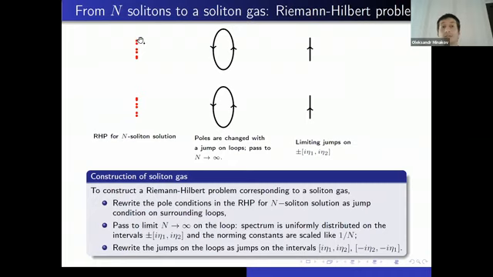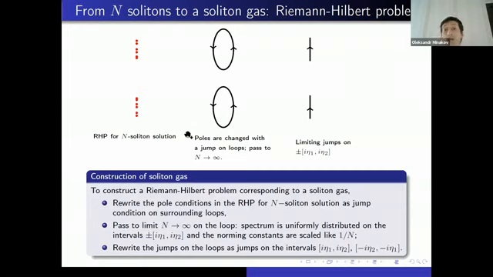First of all, we have these n solitons, we have n poles, and they are more or less spread along two intervals in the complex plane on the imaginary axis. In this original setting, we cannot go to the limit n to infinity. In order to do so, we first rewrite these pole conditions as jump conditions on loops which surround these intervals.